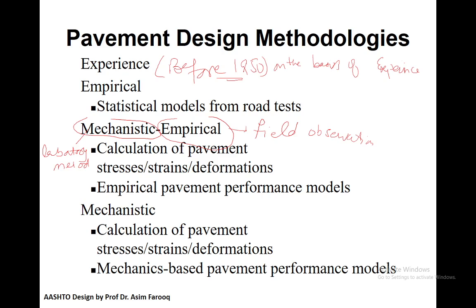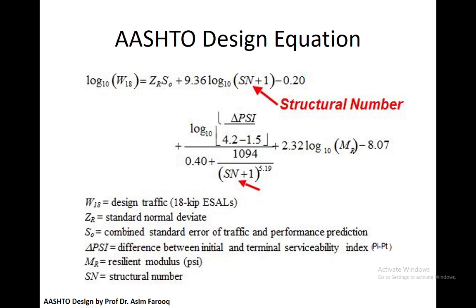It is nowadays one of the most complete design methodologies to support the AASHTO design. This is a very famous and very detailed equation, which is called the AASHTO design equation.